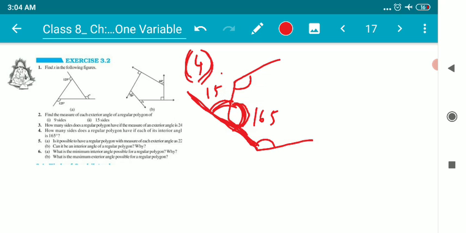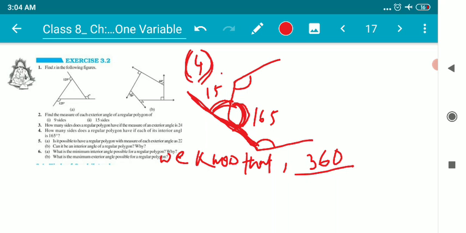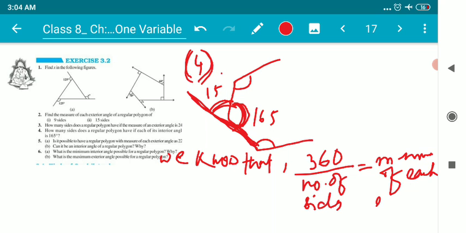We know a formula. We know that 360 degree by number of sides is equal to the measure of each exterior. 360 degree by number of sides equal to measure of each exterior.